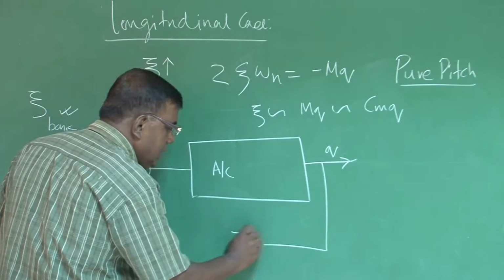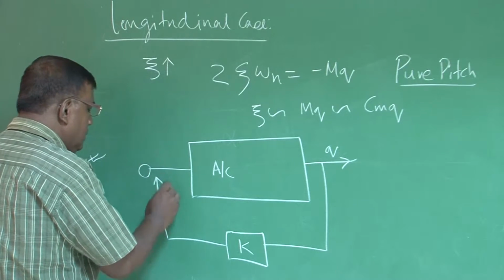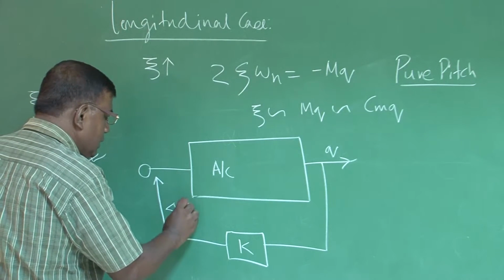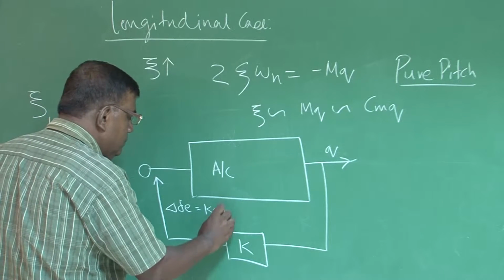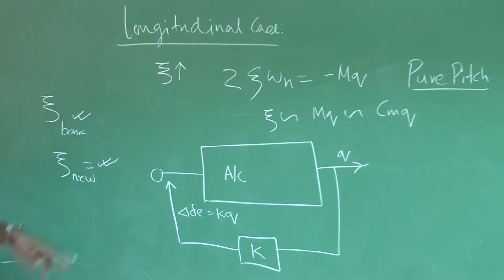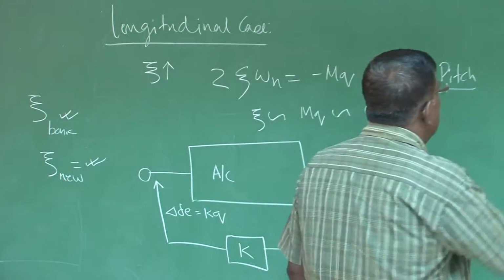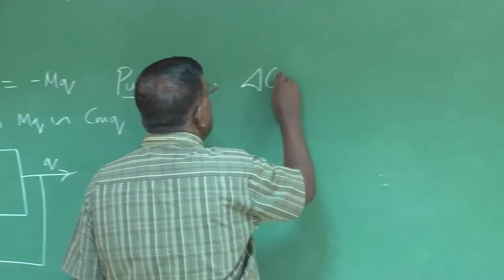Now I tap the Q pitch rate using a gyro and feed delta E equal to K into Q. So proportional to Q, I feed elevator deflection. As long as Q is there, I require this. Okay, right. So now what will happen? If I do this, again, what is delta Cm?